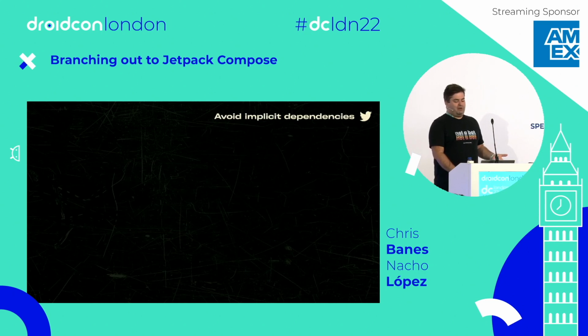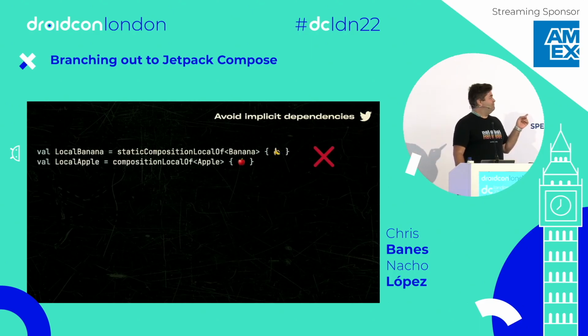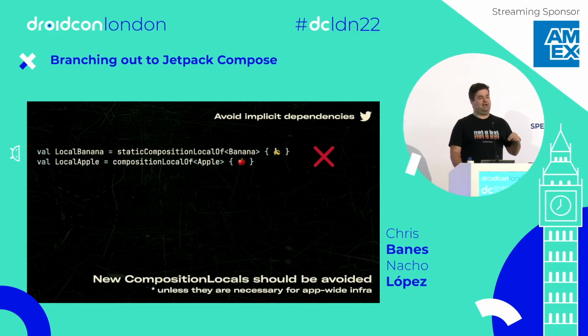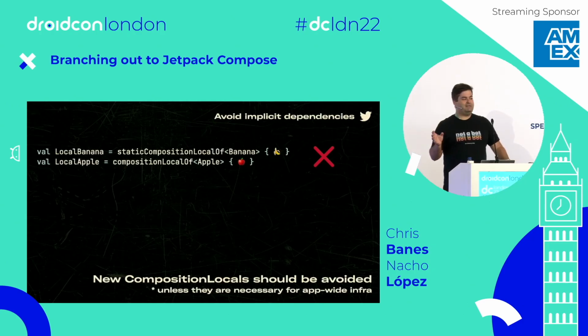Of course, you might be wondering, what about composition locals? Because they are the epitome of implicit dependencies, right? So we disallow them unless there's a good reason for it. But for app-wide infrastructure, there are some legit use cases where you would want them.